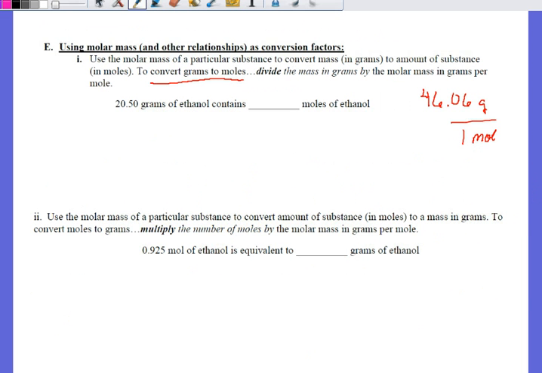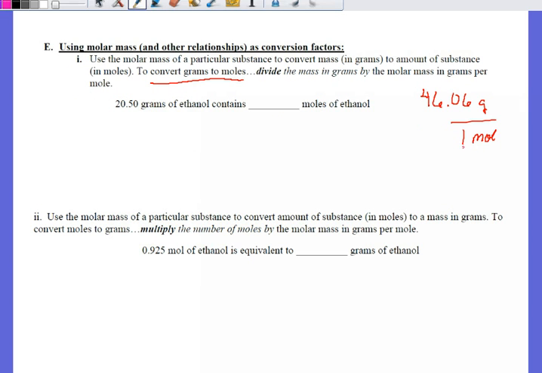I'm just going to show you here how that's done. If you have to convert grams to moles or moles to grams, which you will have to do on upcoming tests. So in chemistry it works off of moles, but when you go to the balance to measure stuff out, you're measuring the mass in grams. So you have to do this kind of conversion all the time.